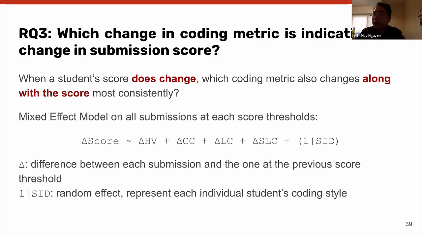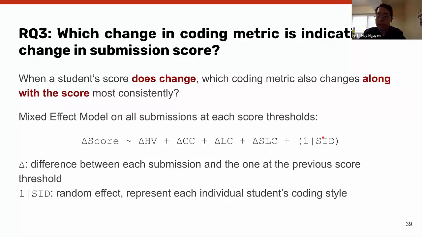So to answer this question, we built a mixed effect model where we predict the change in score based on the change in each metric. Here we note that because each student makes multiple submissions, they contribute multiple data points, and so we want to use the student's ID as the random effect.